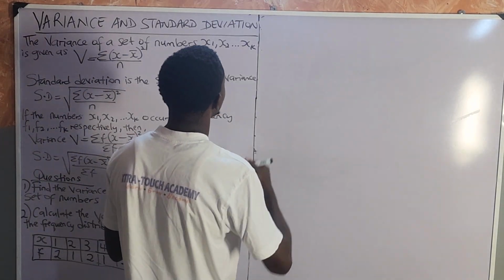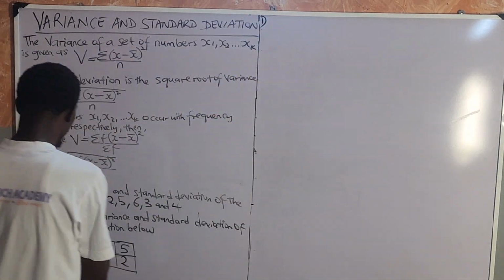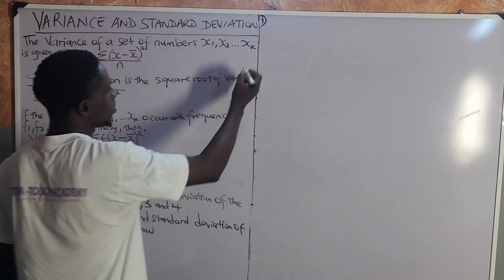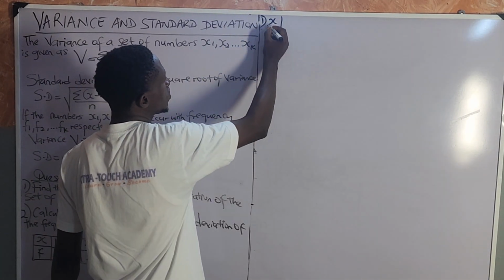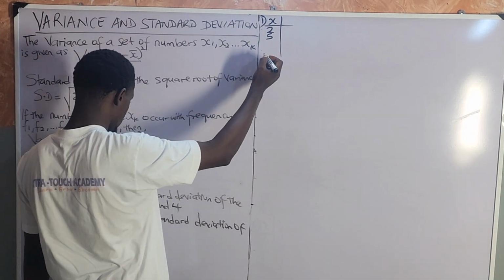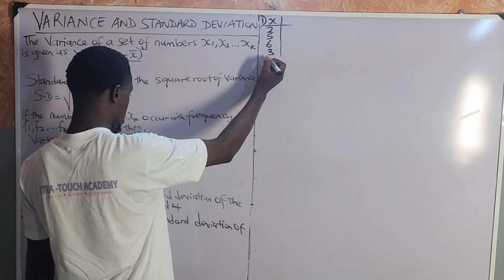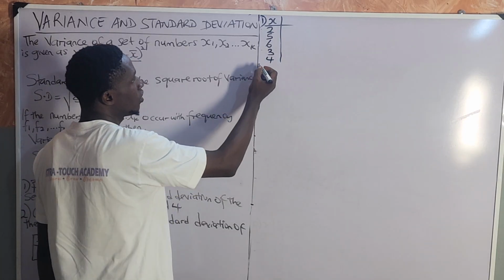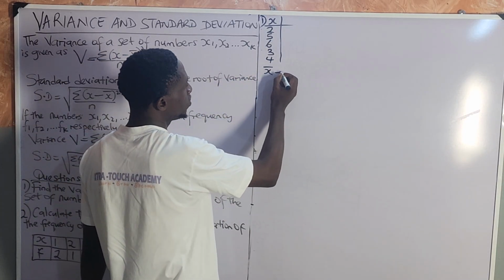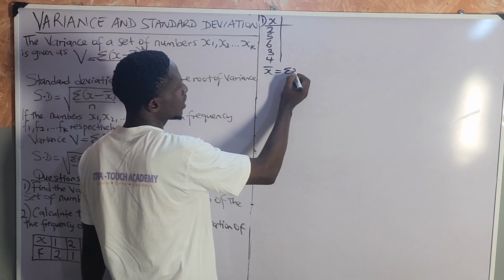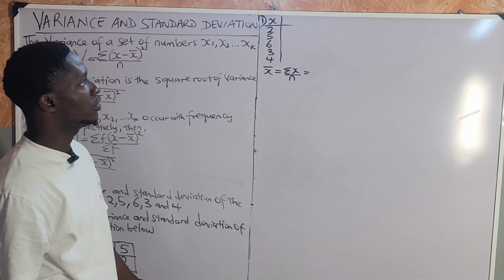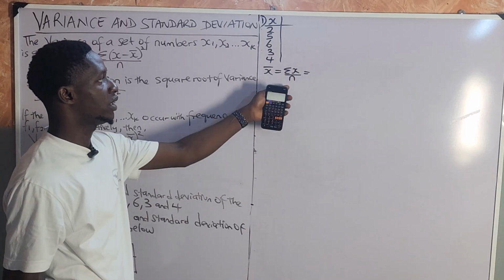Number one: find the variance and standard deviation of the set of numbers. x is what is given to you in the question: 2, 5, 6, 3, and 4. First of all, you have to get your mean. Your mean is equal to the summation of x over n, that is, you add all the values given and divide by the total number.